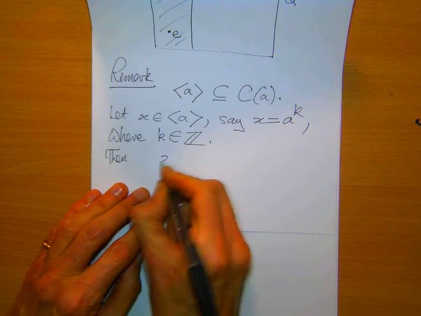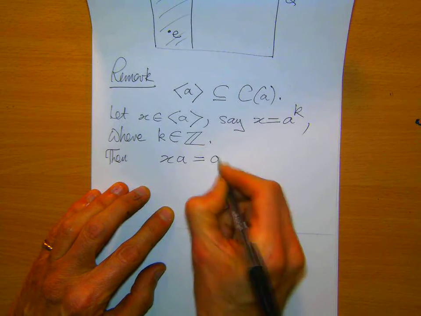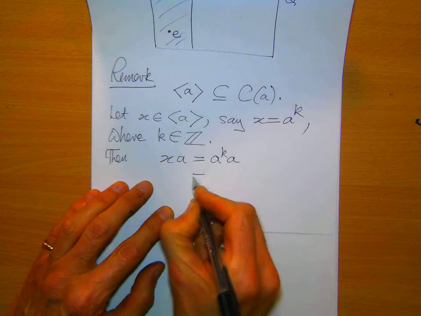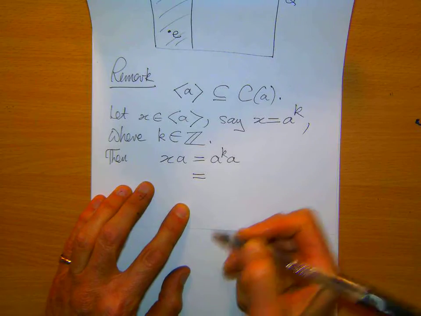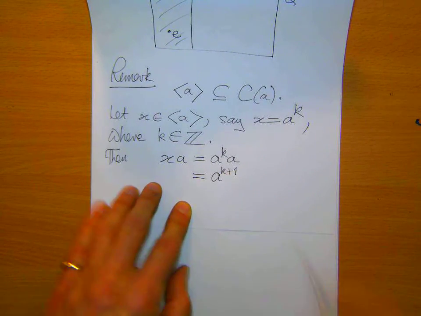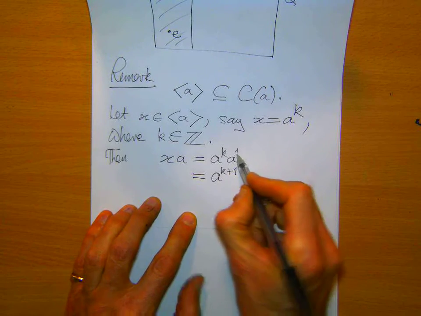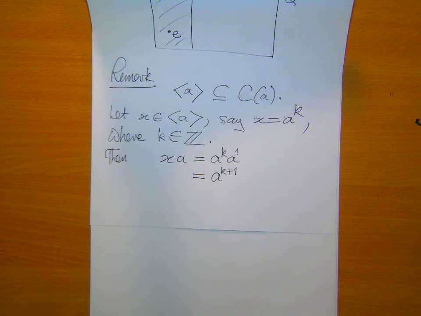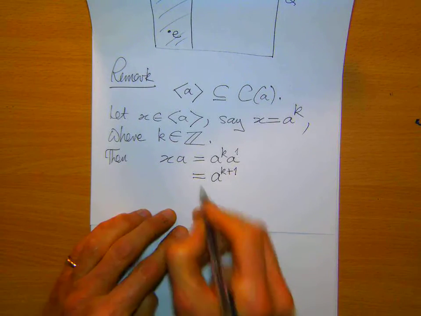So then XA is A to the K A, which is A to the K plus 1 by index laws. Remember, A is A to the power 1. And then we just write that the other way around.